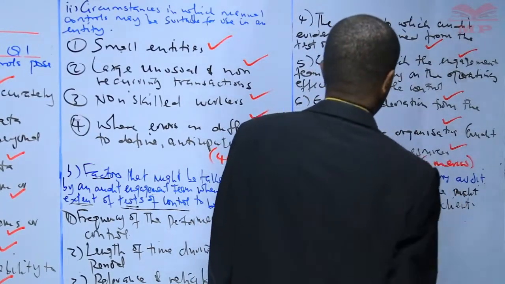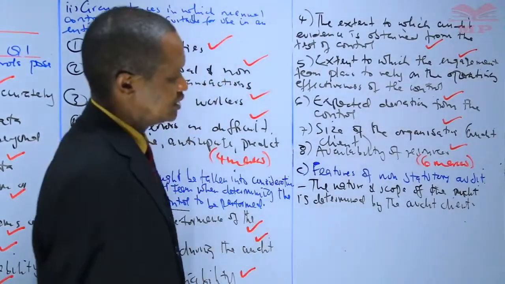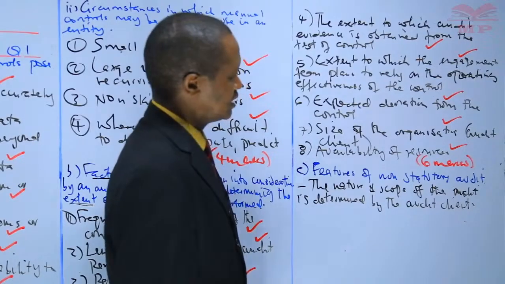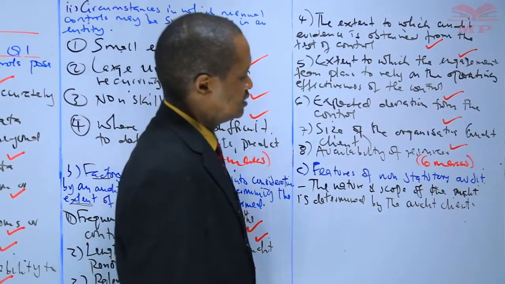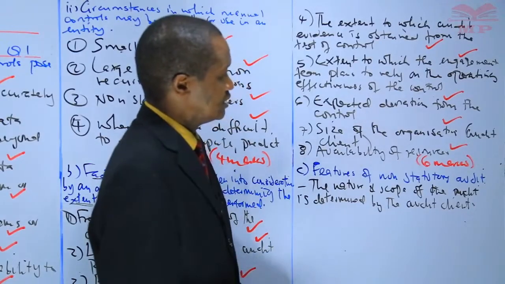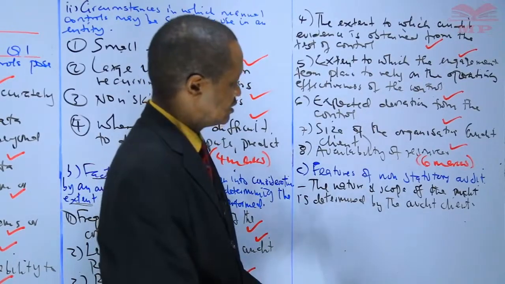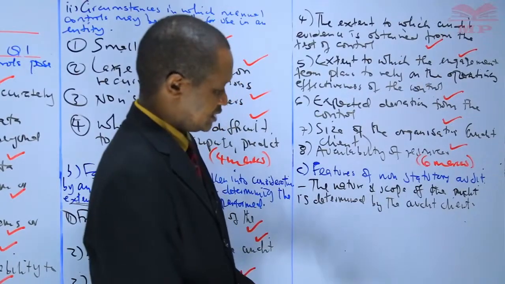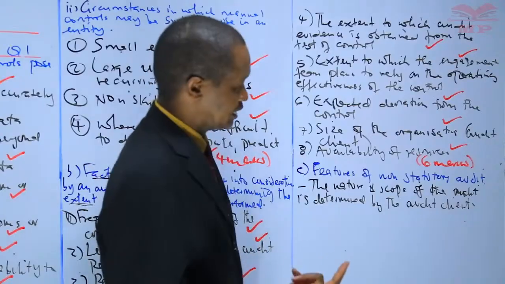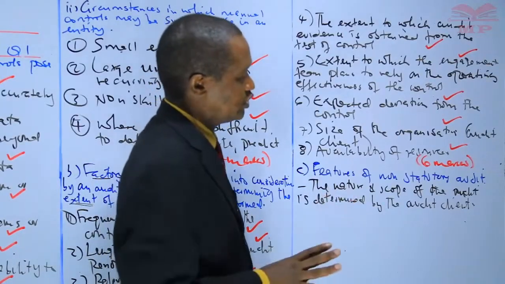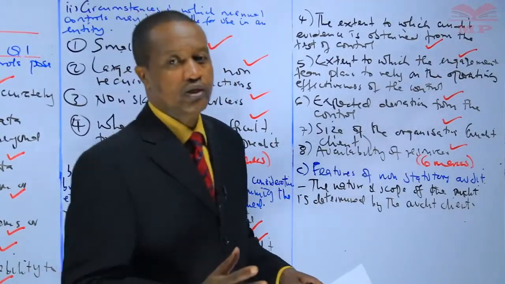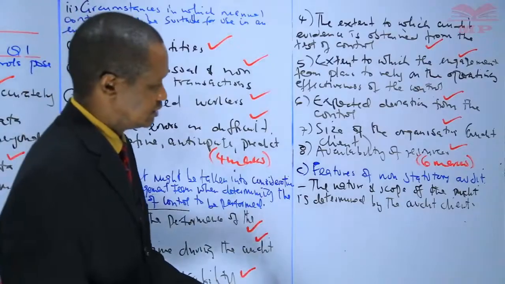If it's a small company, like a sole proprietorship, audits carried out on sole proprietors are non-statutory audits. So the extent and the scope of such an audit is determined by the sole proprietor, as opposed to statutory audit, where the scope and the nature is determined by law. All right? Is that clear?